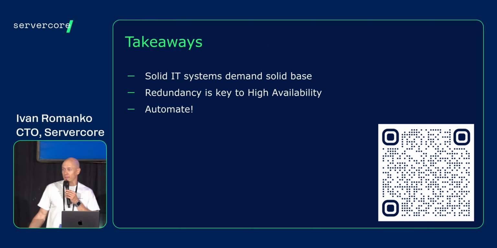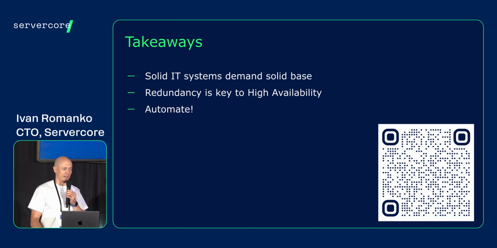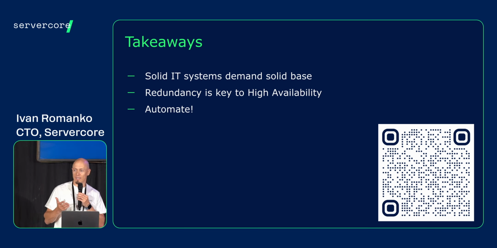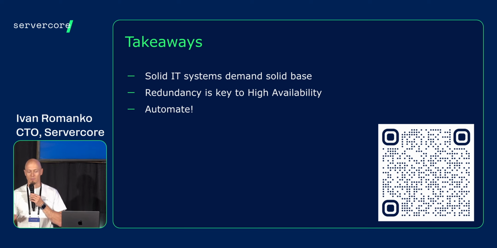So that's basically it for today. To wrap up, we have shown that solid IT systems, when you launch something for your customers, need a solid base. You need to understand what will happen if something fails.